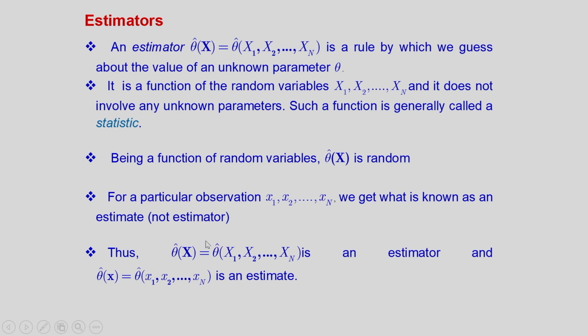Thus, theta hat of X, that is theta hat of x1, x2 up to xn, considered as a random variable, is an estimator, and theta hat of small x, that is theta hat of small x1, small x2 up to small xn, is an estimate. So, we have to distinguish between an estimator and an estimate.